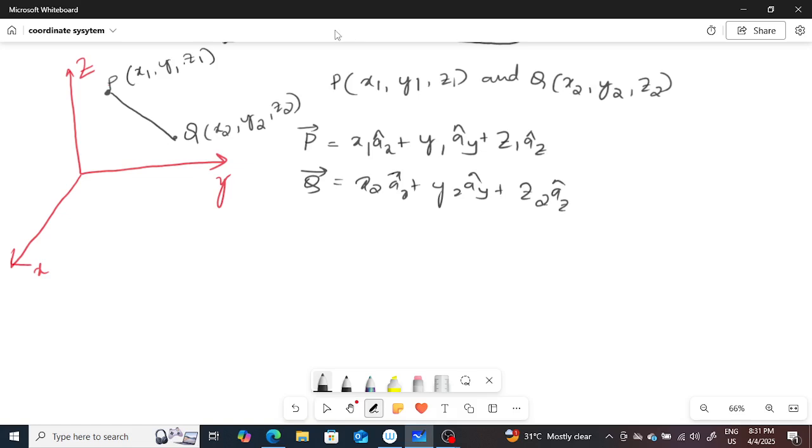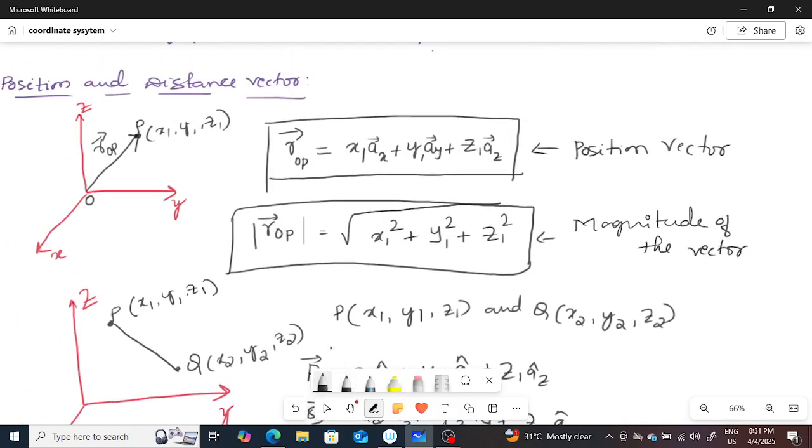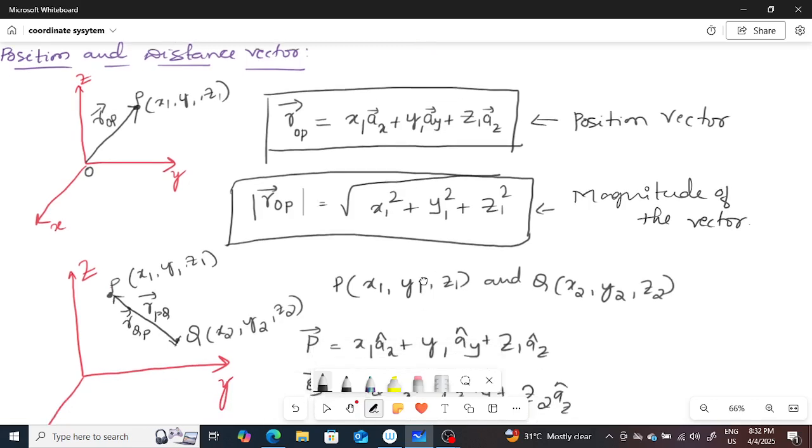Now the distance vector is PQ. I want the PQ vector, as you already have the OP vector. You can give another name, similarly, like R vector from P to Q, so the direction is like this. If you write R vector from Q to P, then the direction will be like this.